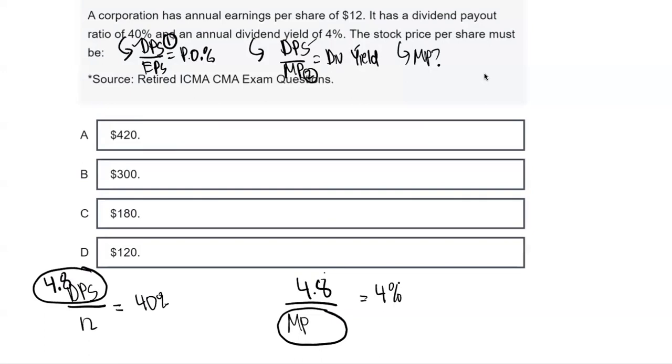Kung 0.19 yan, i-divide mo 4.8 divided by 0.9, will it become 4%? No. Hindi, ano? So, ang dapat na gawin mo dyan is divide. So, 4.8 divided by 4%.